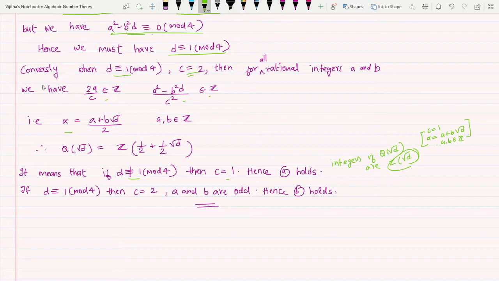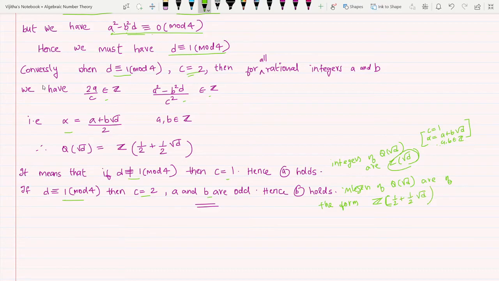Now in the same way, if d is congruent to 1 mod 4 and c equal to 2, and a and b are odd numbers, then the integers of Q of root d are of the form Z of half plus half root d.